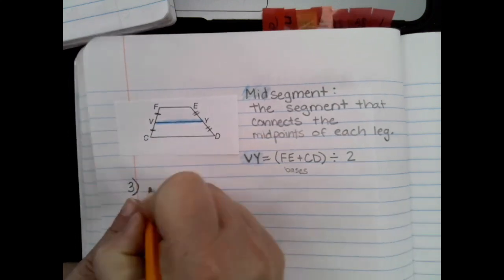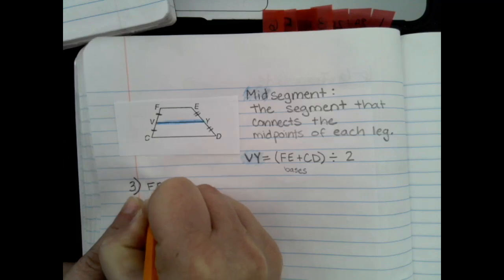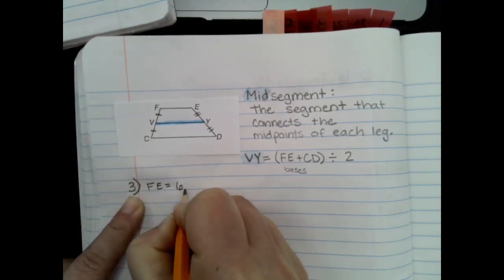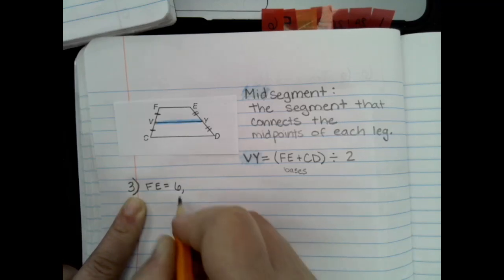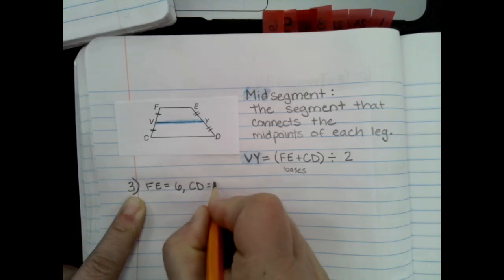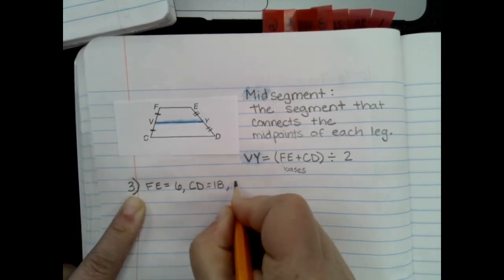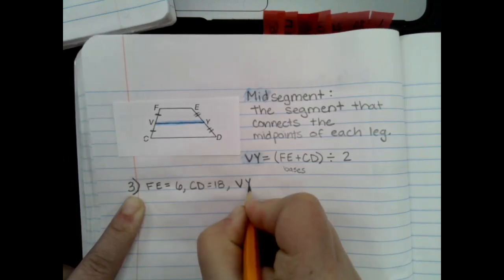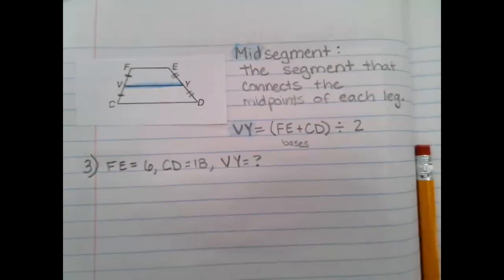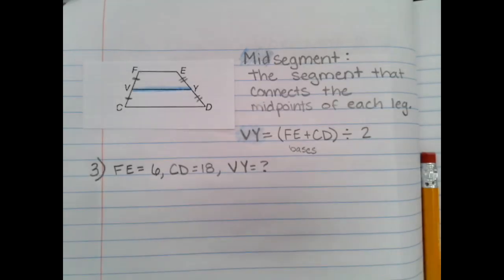Alright, number 3, we know FE. We're going to just keep using the same picture because I didn't want to redraw one. We're going to say FE is 6. CD is 18. I want to know how much VY is equal to. So just based on our formula, we should be able to find that mid-segment length.